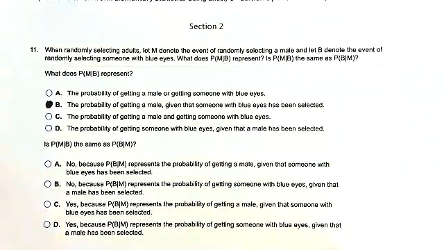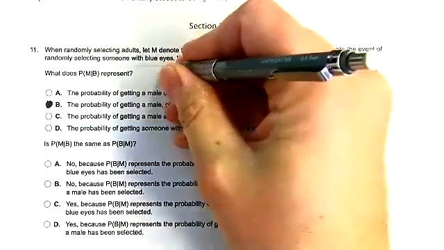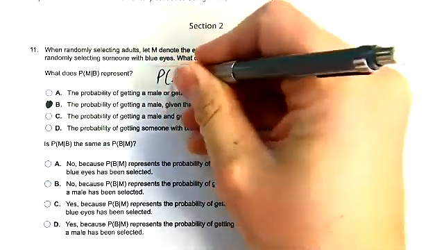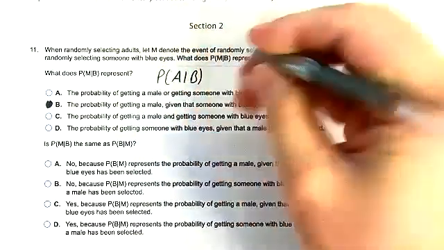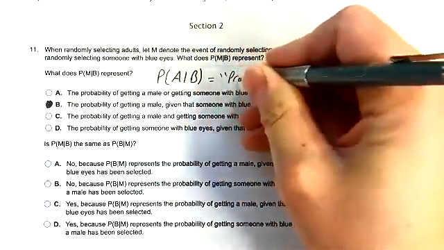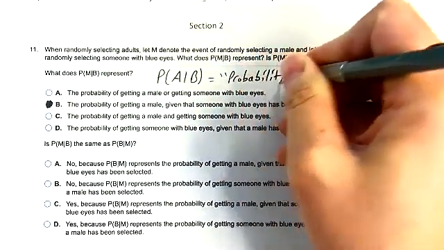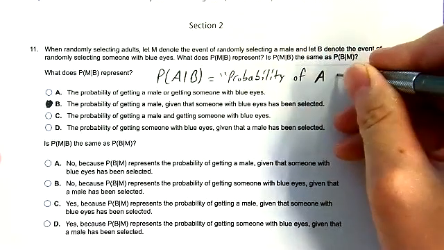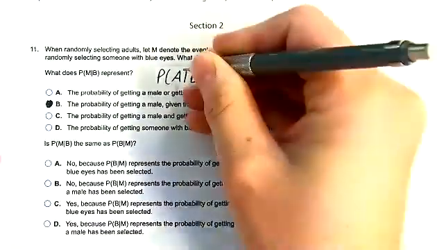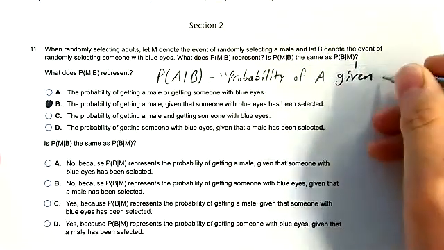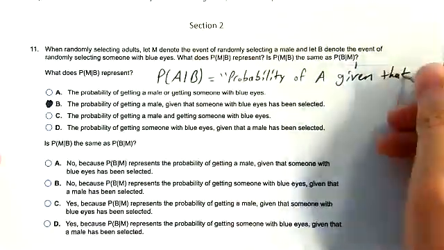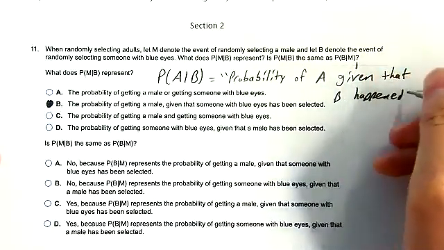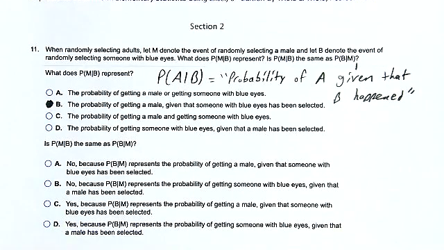So when we have something generic, the probability of A | B is the probability of A given, so this vertical line stands for given, that B happened or occurred.